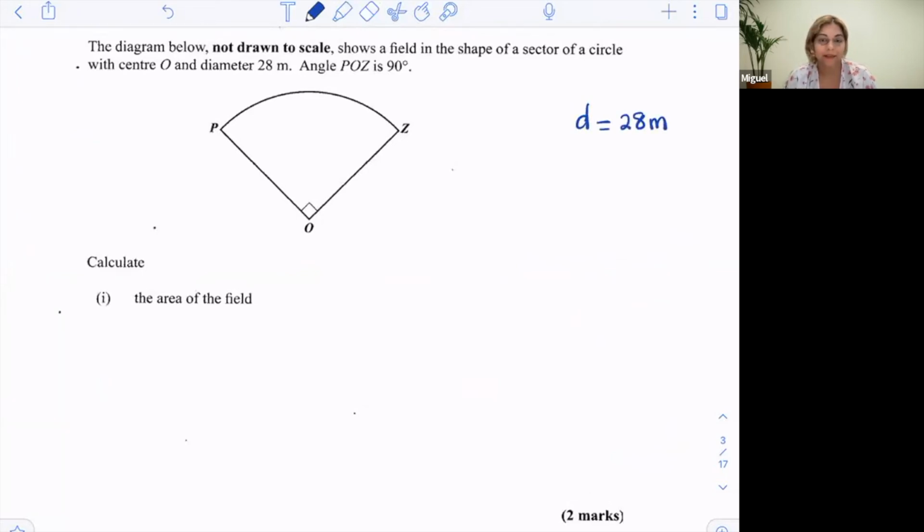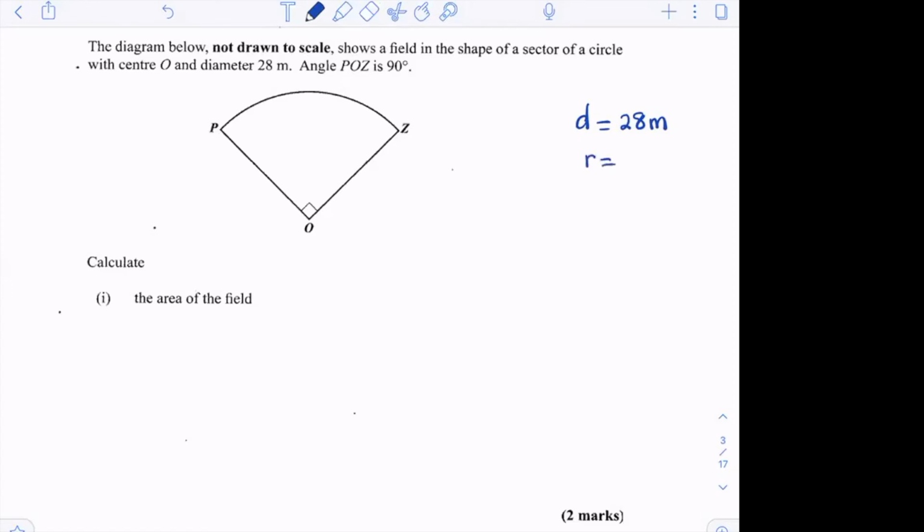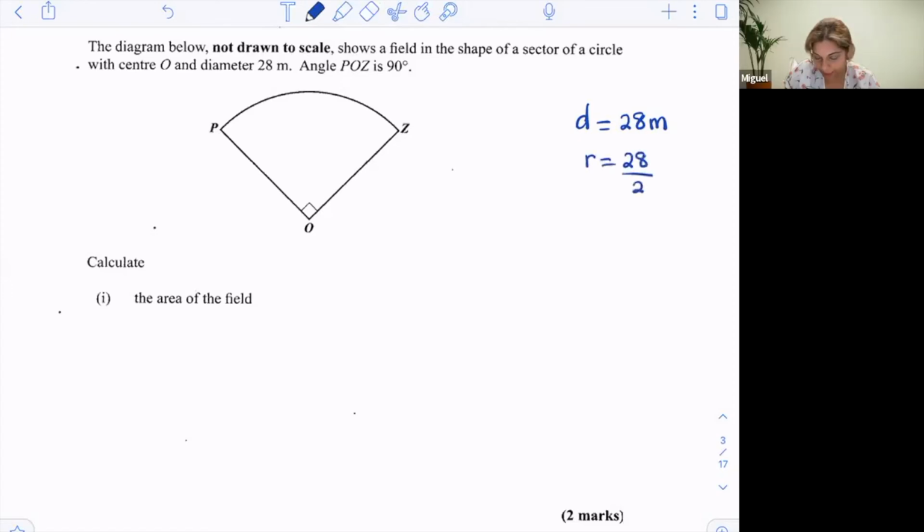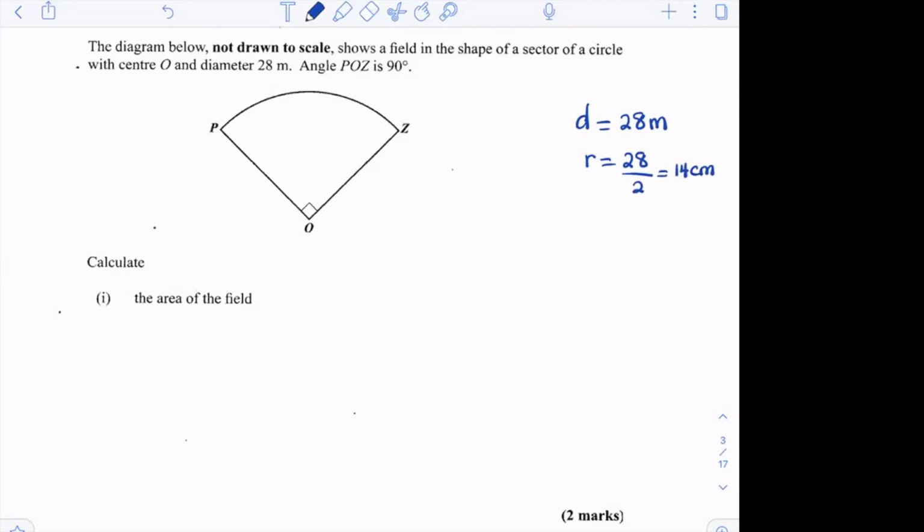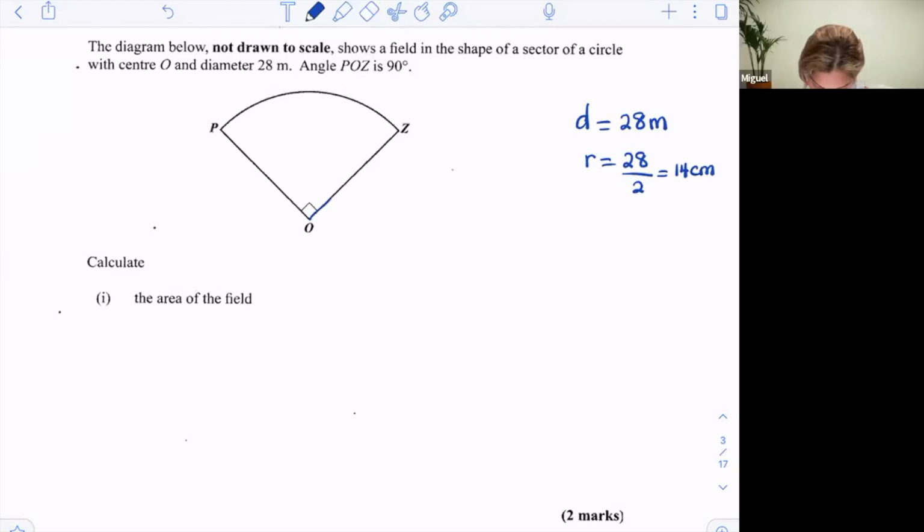The radius is 28 divided by 2, which is 14. Do you all agree? Yes, miss. So the radius starts from O. So OZ is 14 and OP is also 14.